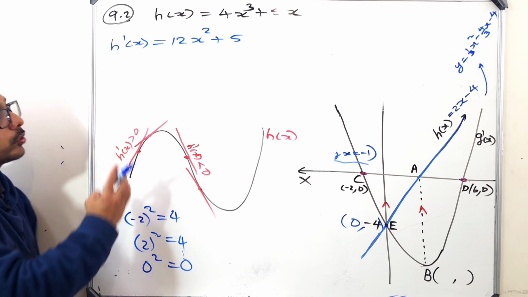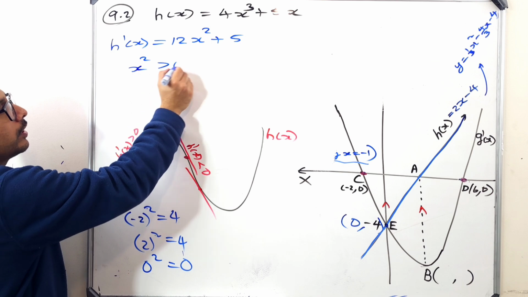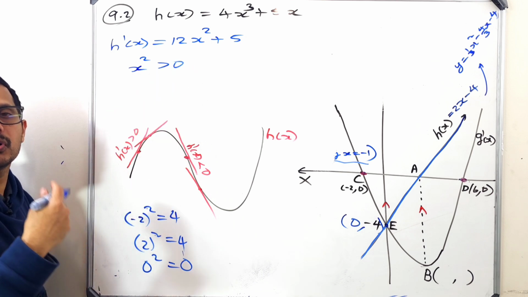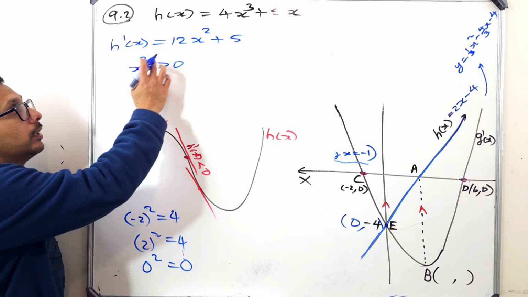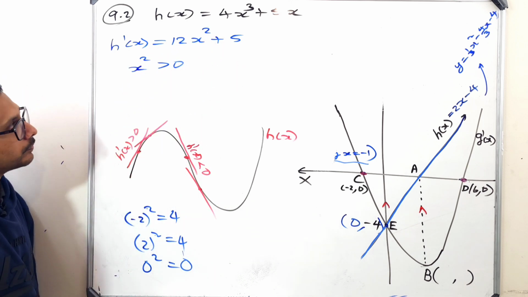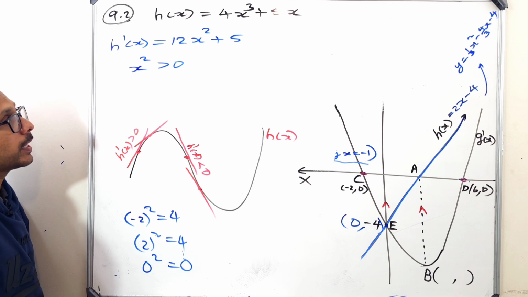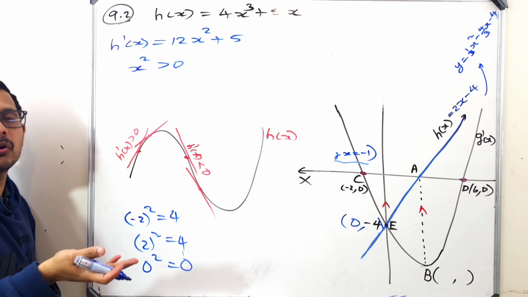It means that x squared is greater than or equal to 0 always, for all real values of x, when the power is an even whole number.